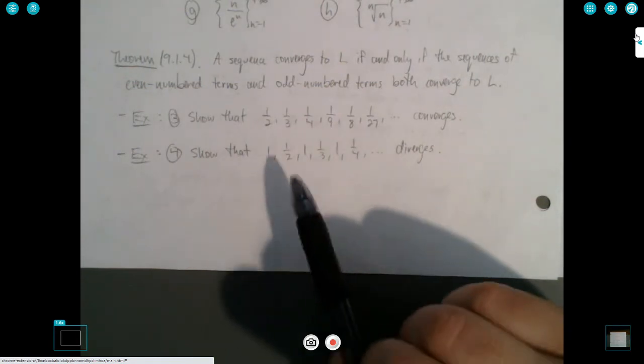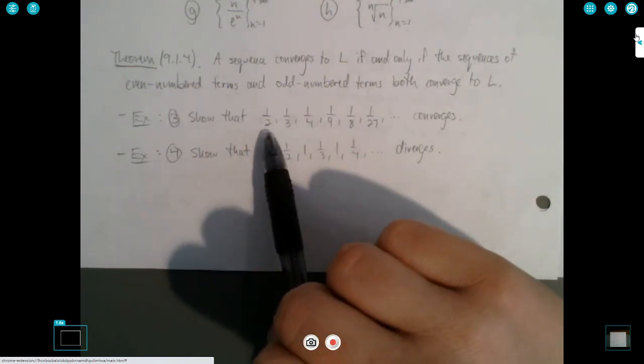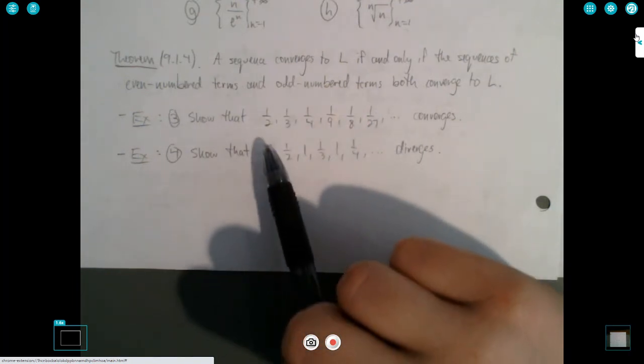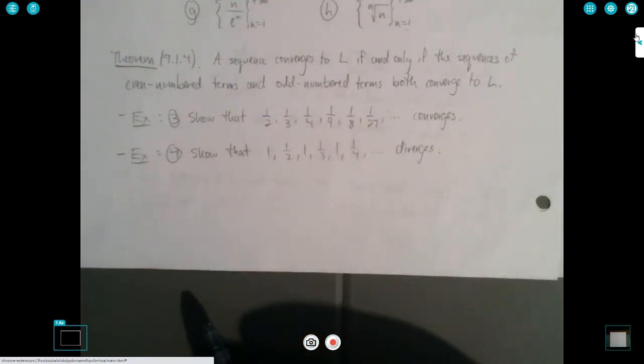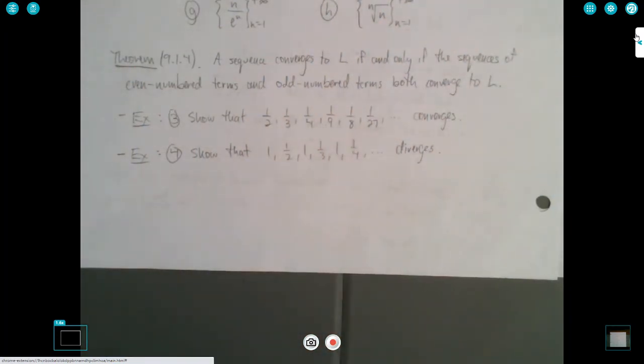But if you notice what's going on, if you ignore every other term and just look at the first, third, fifth, seventh terms, you have 1/2, 1/4, 1/8, 1/16. So the odd numbered terms are just 1 over 2 to the n.